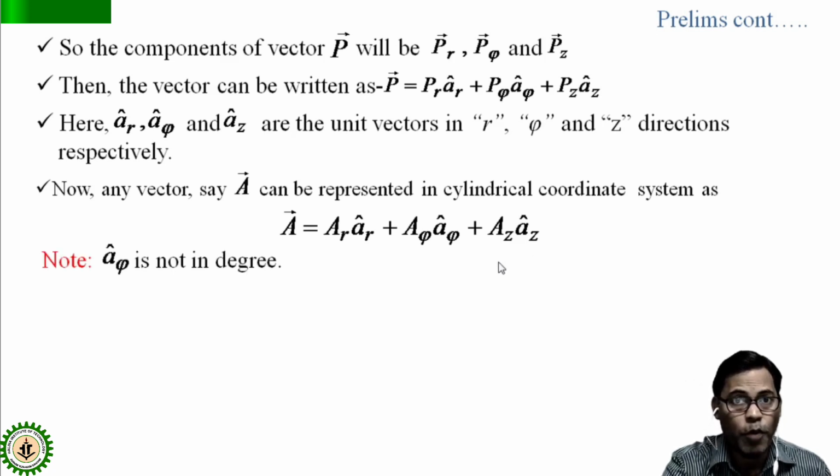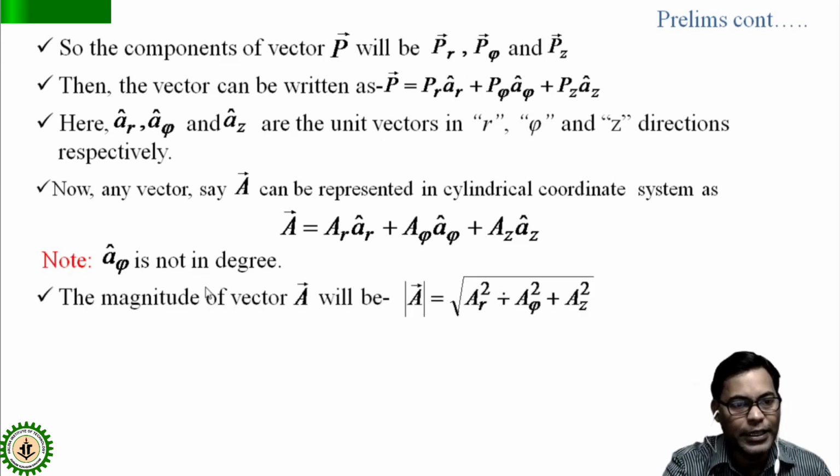Now here one point to be noted: the phi is in degrees but A_phi is not in degrees, because A_phi will be the tangential or tangent on the point P. So here A_phi is not in degrees. Now as A is a vector, we can find out the magnitude of vector A.